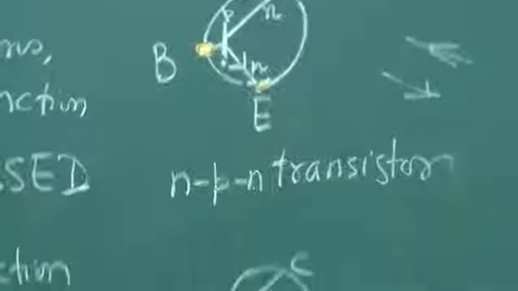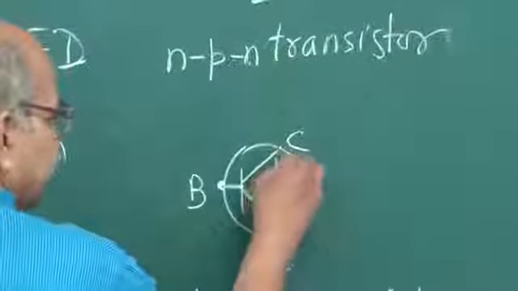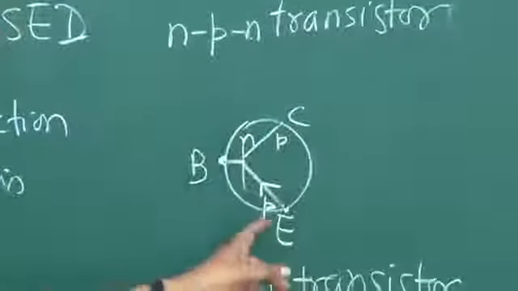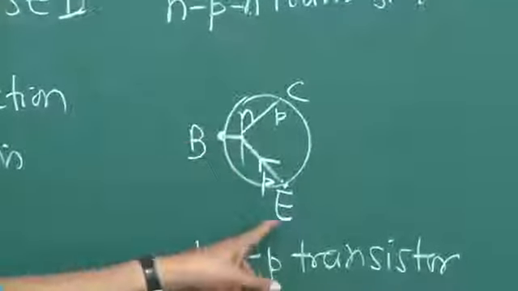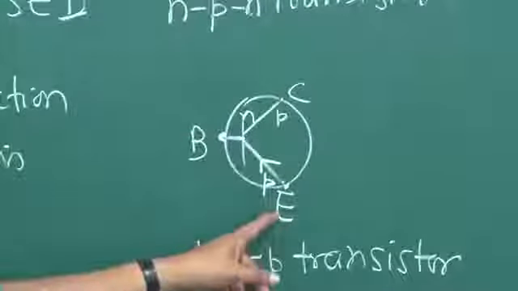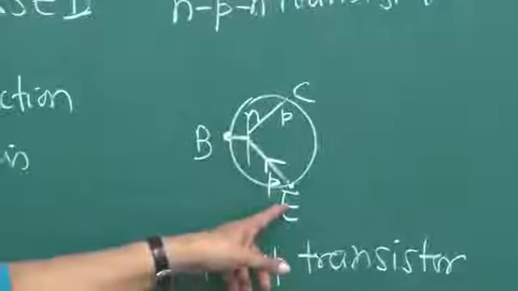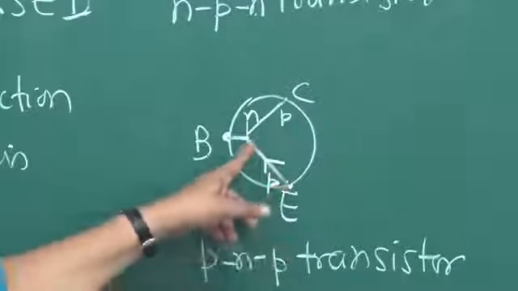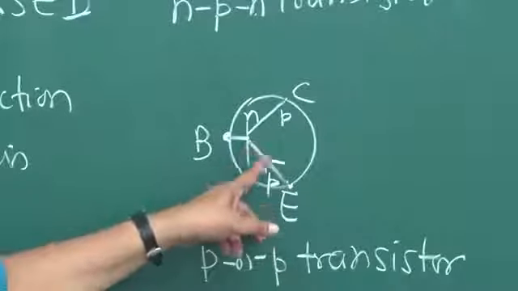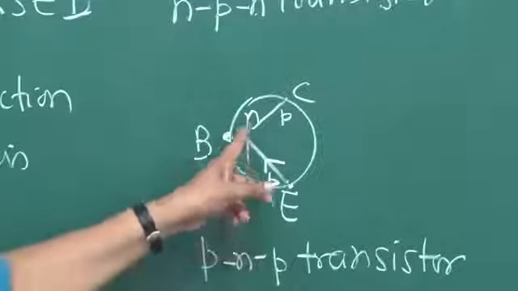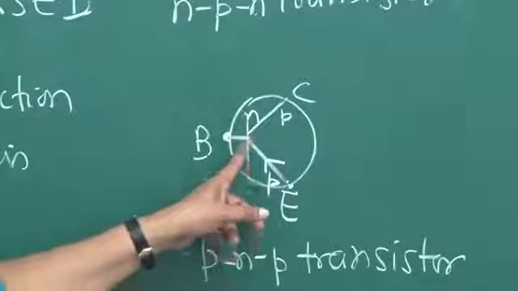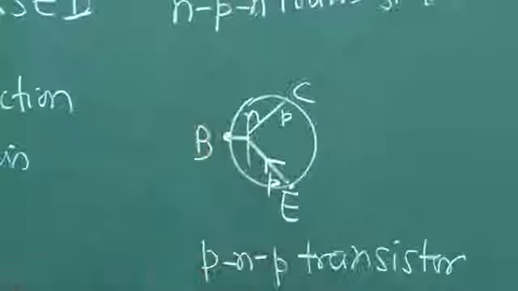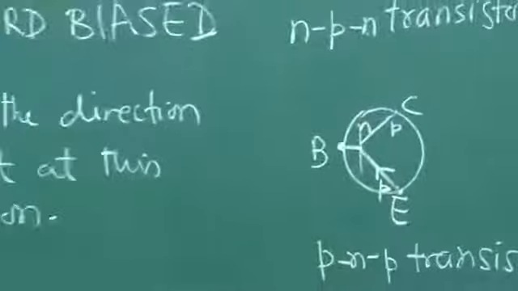And if it is a PNP transistor, this is P, this is N, and this is P. At the base emitter junction, if it is forward biased, what will be the direction of current? From P to N. Emitter is P type and base is N type. So in forward bias, the current should be from P to N, and therefore the arrow is in this direction. So that is how the arrow is decided. So this is the symbol.